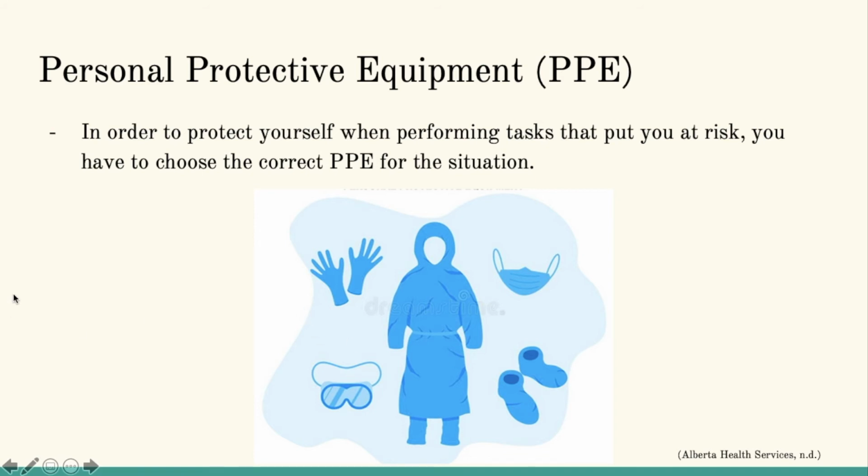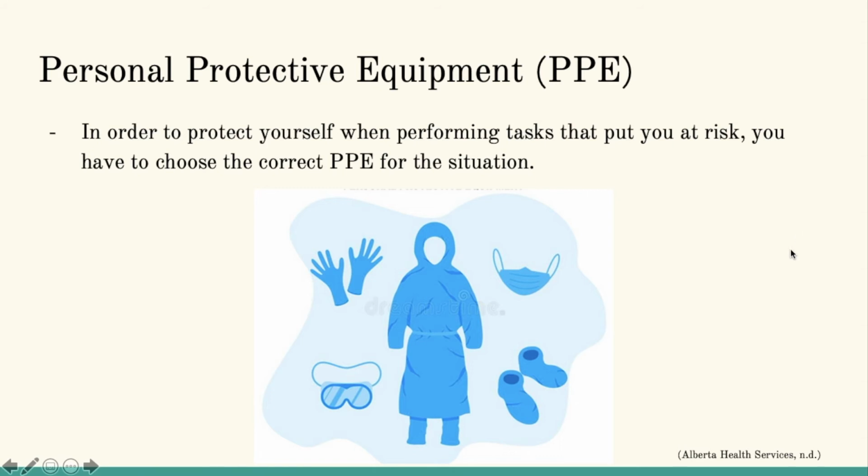So some things we can do to help fight this. Some tools we have are personal protective equipment, or PPE. They're used to protect ourselves when performing tasks that put you at risk, and you have to choose the correct PPE for the situation.